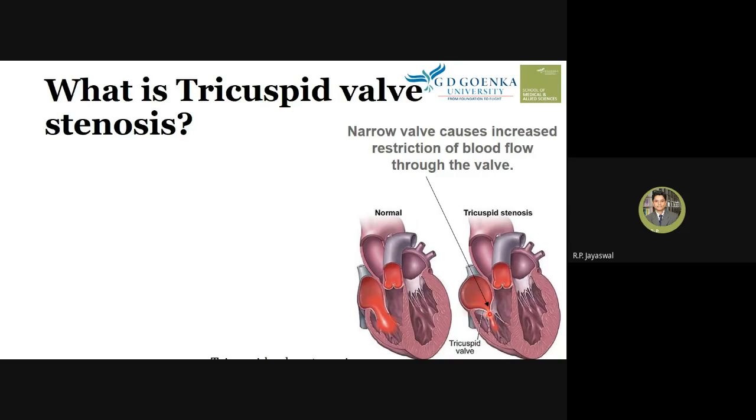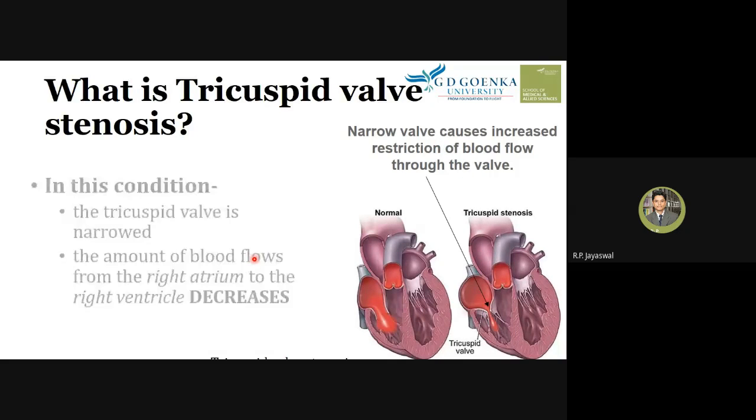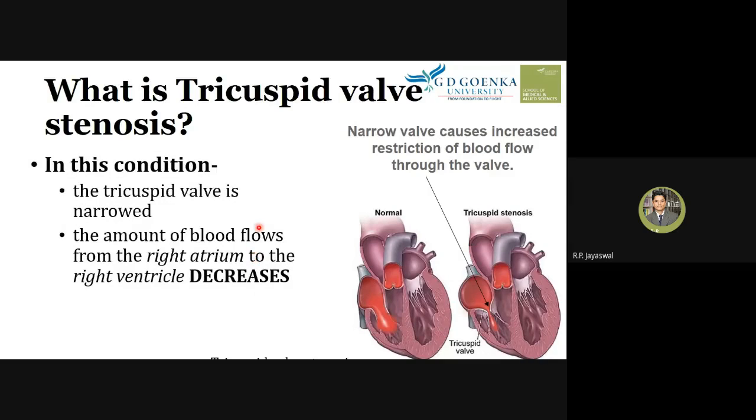But what happens? This tricuspid valve becomes narrow. A narrow valve causes increased restriction of blood flow through the valve. So blood will not be able to flow from the right atrium to the right ventricle, since the valve has turned narrow.